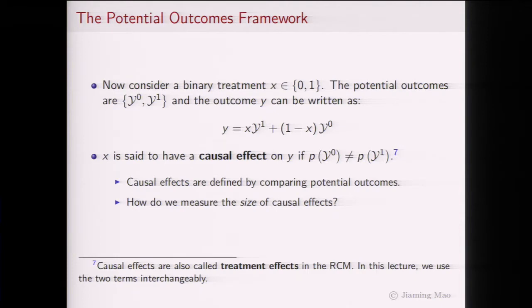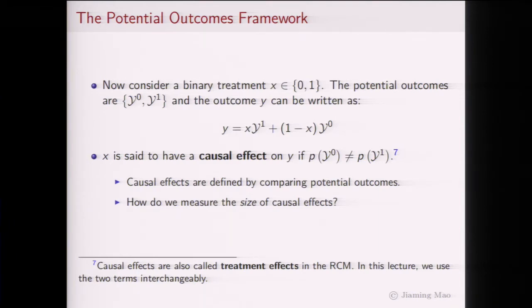If these two are not equal, then we say x has a causal effect on y. Because if x has no causal effect on y, then they should be completely equal, right? In other words, receiving the treatment x equal to 0 versus x equal to 1 should have no impact on y. In that case, they should be equal.